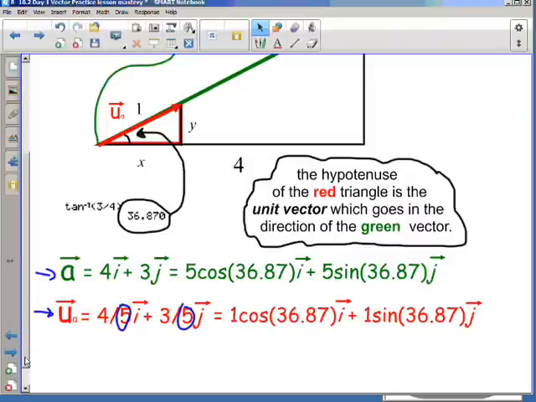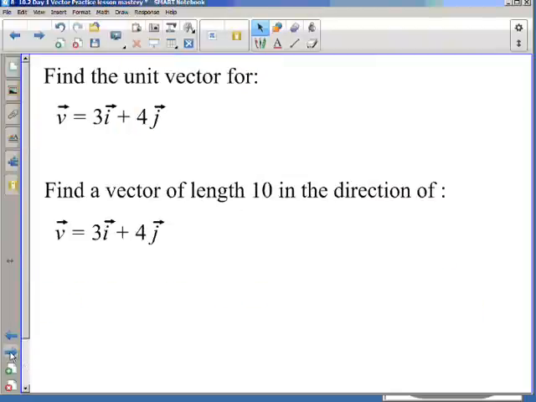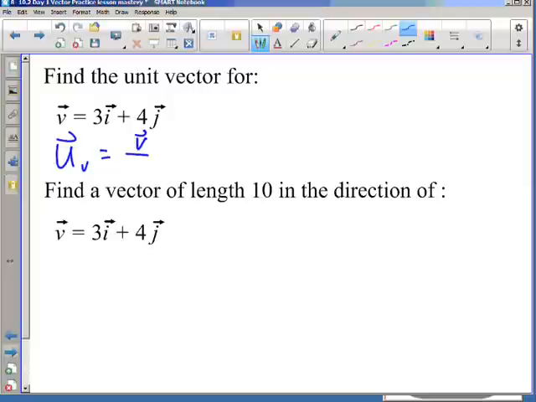So let's just basically look at this problem and say, find the unit vector 3i plus 4j. So we just did this problem basically, but let's take a look at it as a new problem. We want the unit vector. It's going to come from the vector divided by its magnitude. The vector is 3i plus 4j.